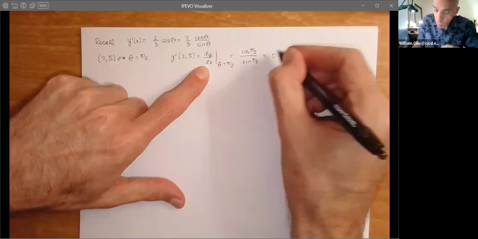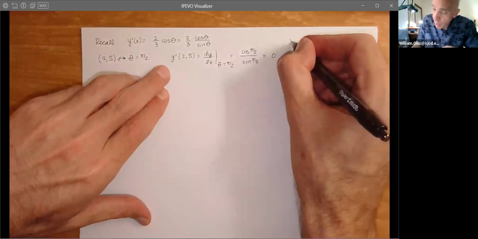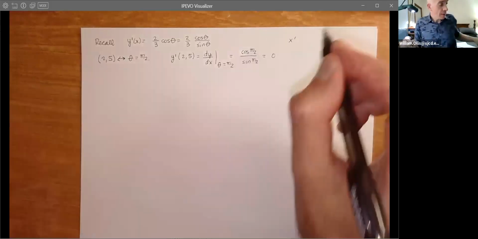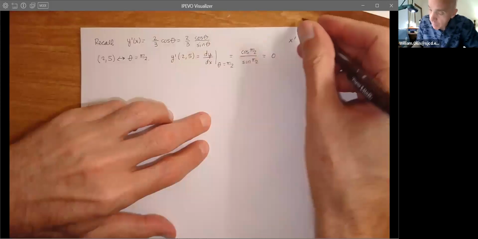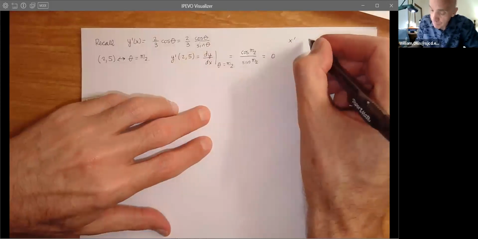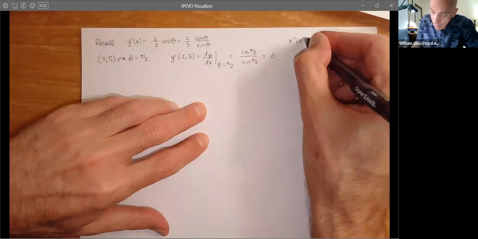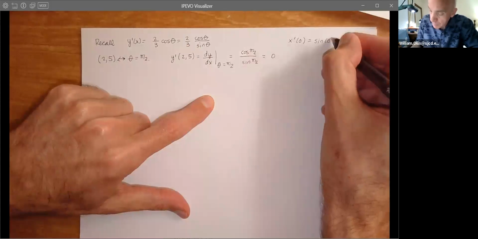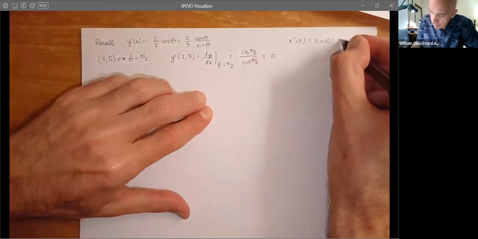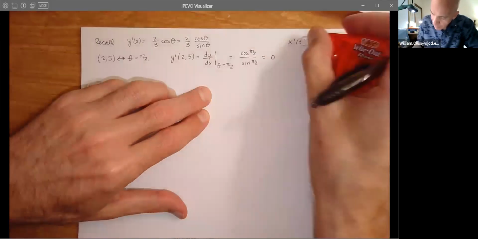Now, of course, what we're noting here is x prime. Let's get the right parameter value.